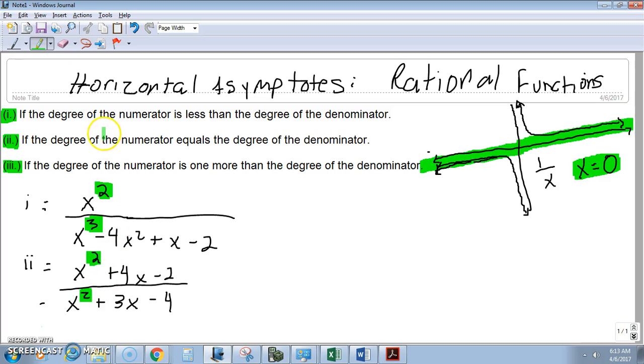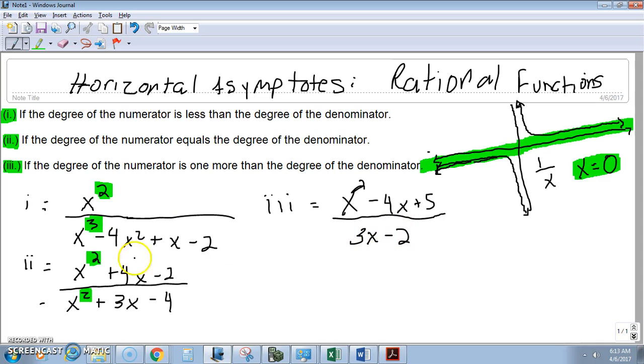Okay, and the last one, the degree of the numerator is 1 more than the degree of the denominator. Let's do x squared minus 4x plus 5, and then this needs to be less, so we're just going to have like 3x minus 2.